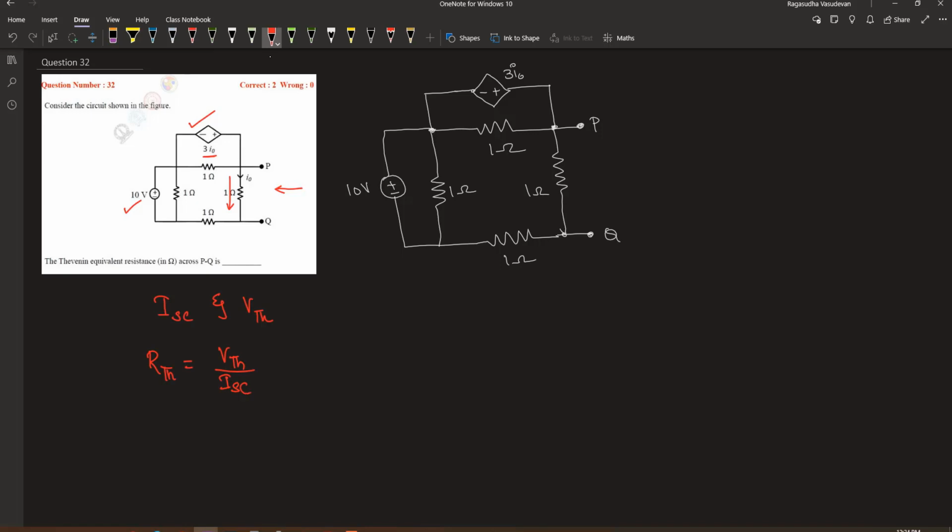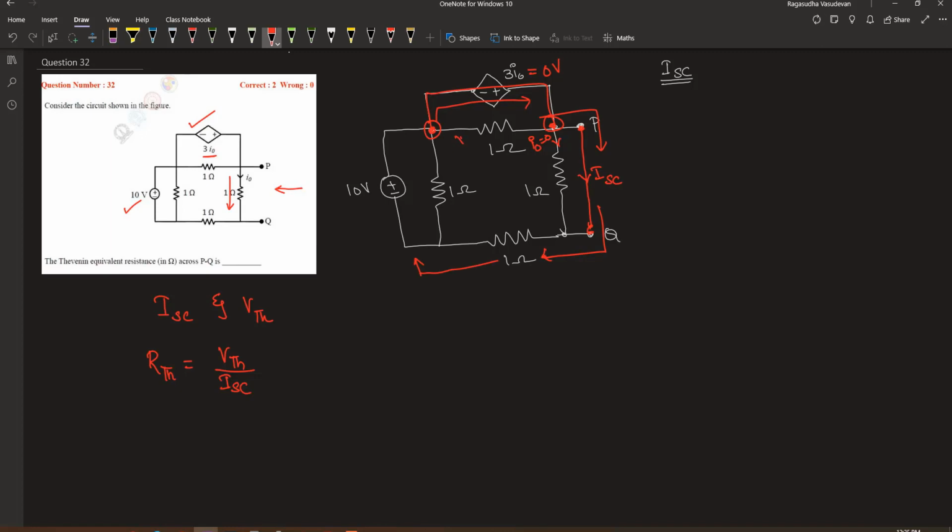First, let us find the short circuit current. For that, we will short the terminals P and Q, and the current that flows through this short is the short circuit current. Once we short this, the current I0 becomes 0 and hence this dependent source becomes 0 volt. So as a result, there is no potential across this 1 ohm resistance. The current will pass through this and from there it will pass through the shorted terminals PQ, then it will go through this 1 ohm resistor.